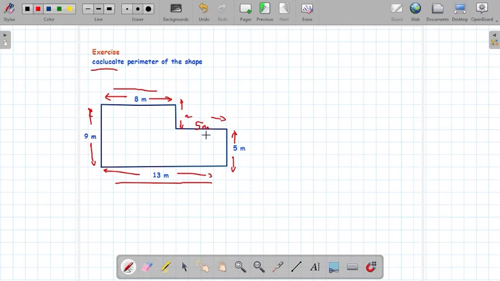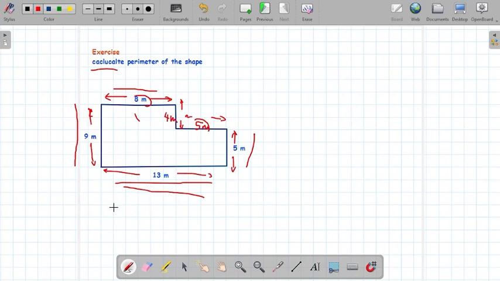This is for this side. How did I calculate that? Because 5 meter plus 8 meter represent the whole thing, which is 13. So this is 5 meter. The same thing we do with this side. So all of this width is equal to 9 meter, while this part only is 5. So what is left will be 9 minus 5, which is equal to 4 meter.